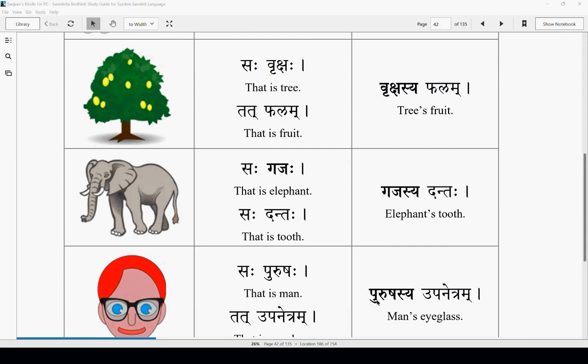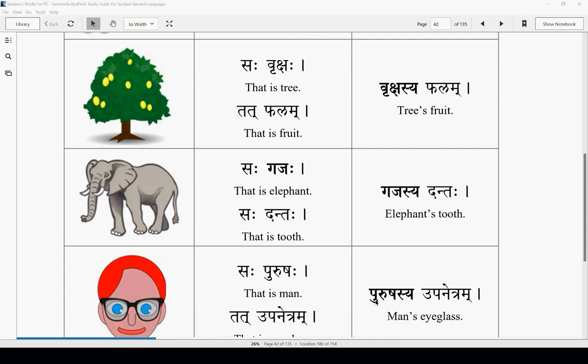Okay, we can finish this. Saha vrikshaha tat phalam becomes vrikshasya phalam. Saha gajaha, saha dantaha becomes gajasya dantaha. Saha purushaha tat upanetram becomes purushasya upanetram.